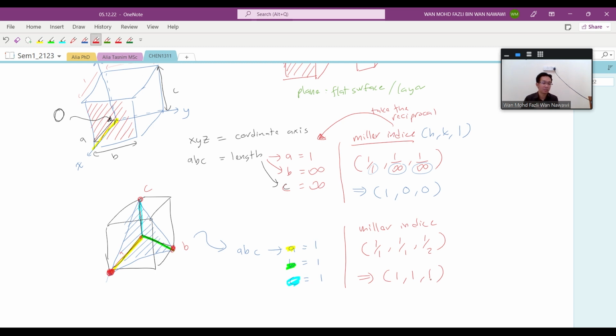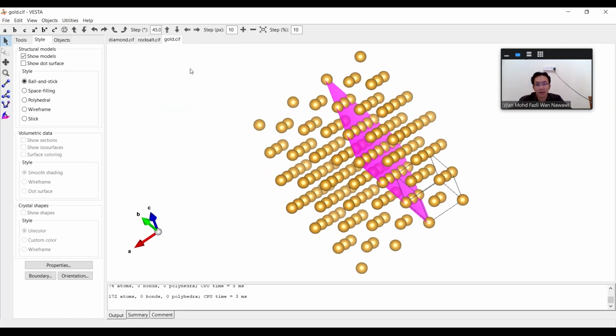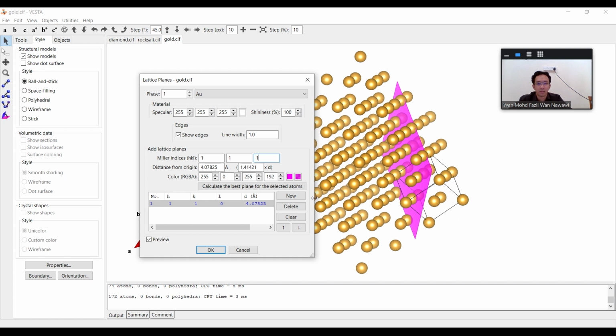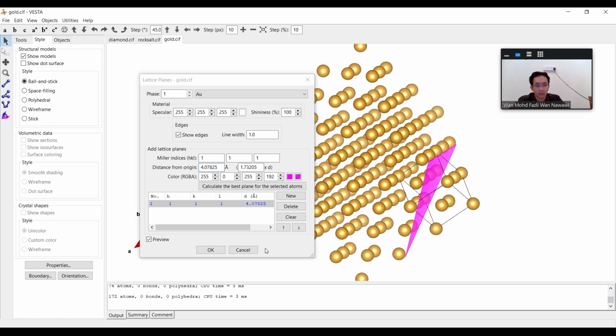So you can see this triangle is 1 over 1. If I go here and edit, go to lattice plane, remove this, clear, and then instead of 0, 0, 0, I put 1, 1, 1, and enter, you get something like that.